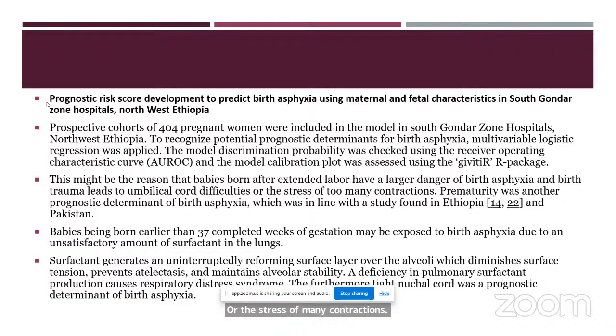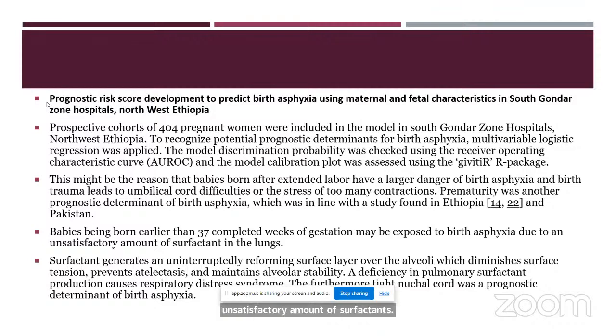Prematurity was another prognostic determinant of birth asphyxia, in line with the study of the farm. Babies born earlier than 37 complete weeks of gestation may be exposed to birth asphyxia due to an unsatisfactory amount of surfactant in the lungs.